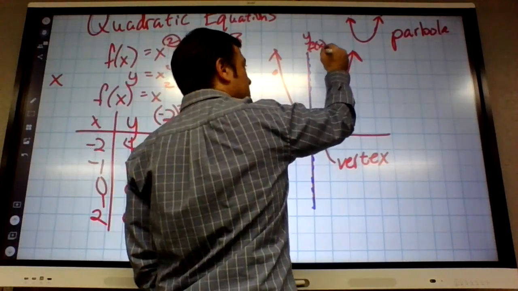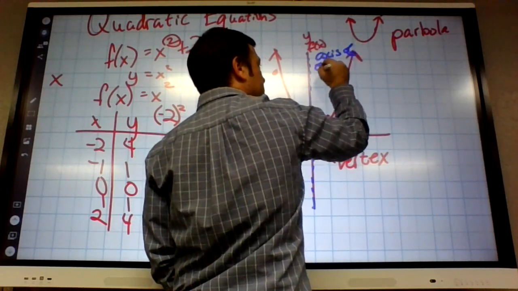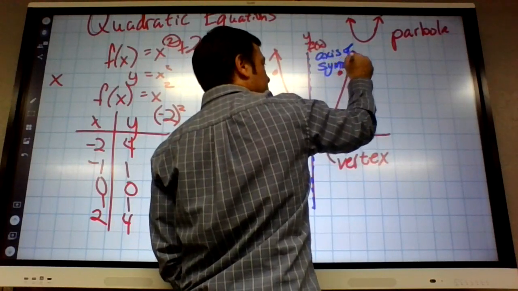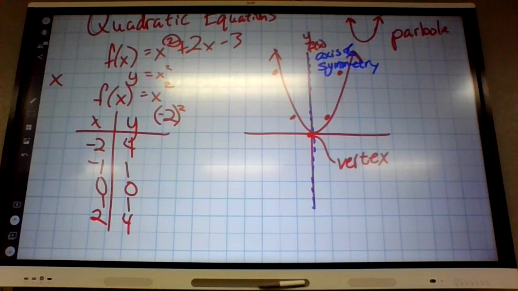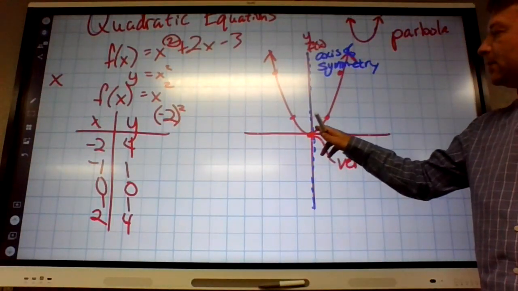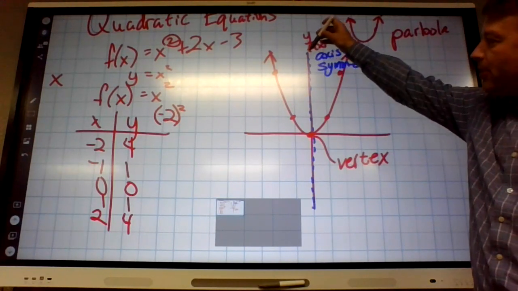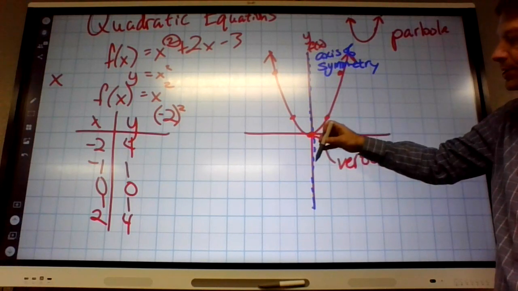Not quite y equals something. Axis of symmetry. You guys remember what symmetry means? Same on both sides, like a mirror image. Like us, if we split down the middle, we look roughly the same on both sides. For the equation of an axis of symmetry, all the points in a vertical line have the same x-coordinate.